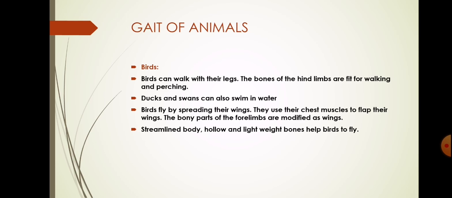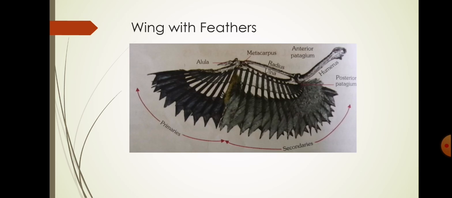If you want to see the feathers of the wings and how they are helpful to the body, see, it is like a forelimb. Like we have studied about our hands, in hands we have a humerus, then a radius and ulna.